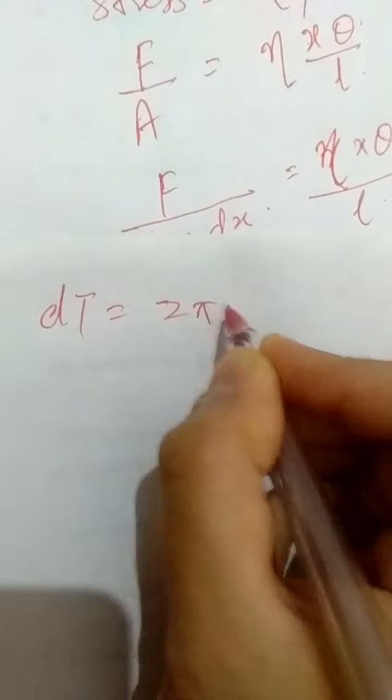Integral x cube dx gives 2 pi eta theta x to the power 4 by 4 by L.